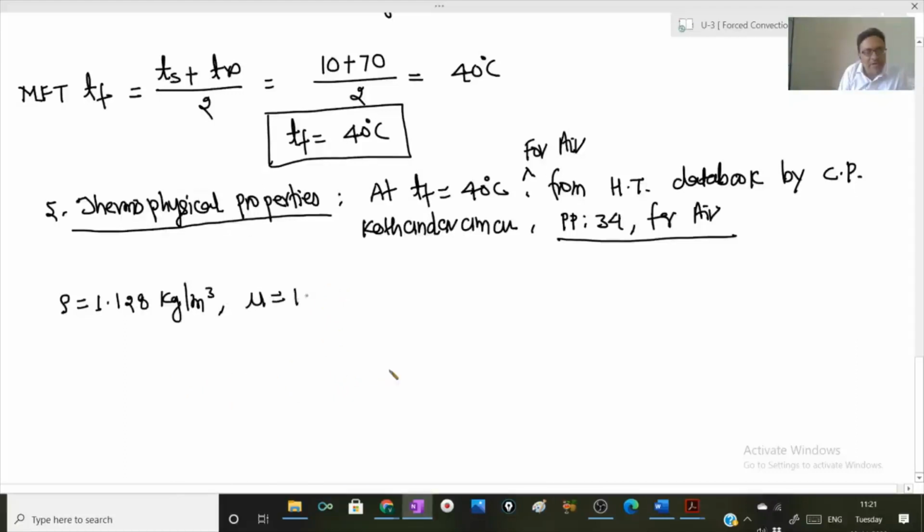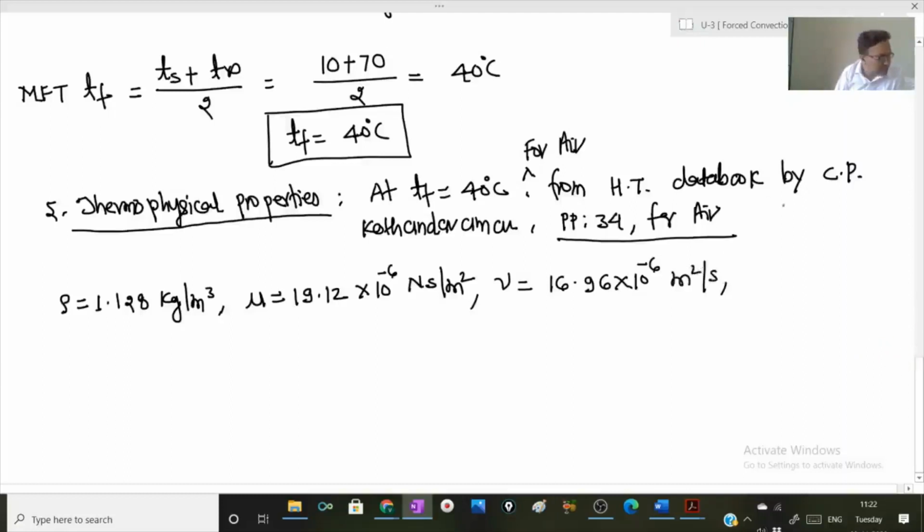Mu value is 19.12 into 10 to power minus 6 Newton second per meter square. Nu value is 16.96 into 10 to power minus 6 meter square per second.